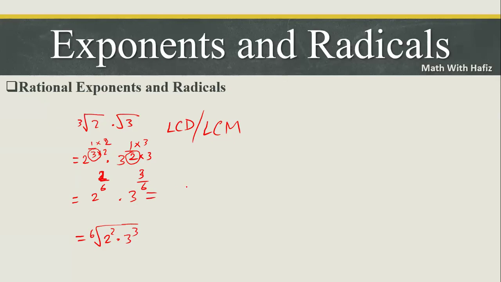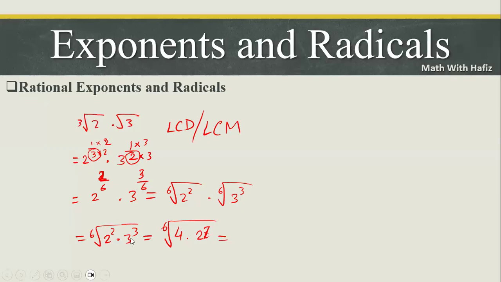I can write it in this form, sixth root of 2 squared times 3 cubed. And you have to simplify it. Mostly they will ask you to simplify it as the final answer. So 2 squared is 4, multiplied by 3 cubed is 27.